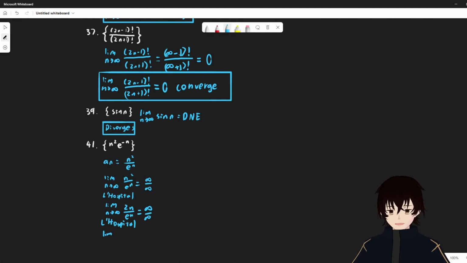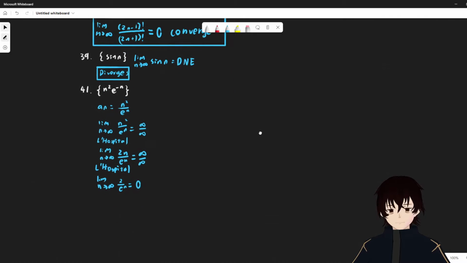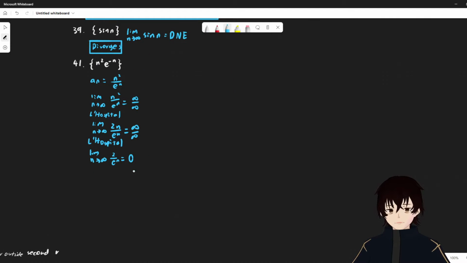We get the limit as n approaches infinity of 2 over e to the power of n, which is equal to 0. Therefore, the limit as n approaches infinity of n squared times e to the power of negative n is equal to 0. It converges.